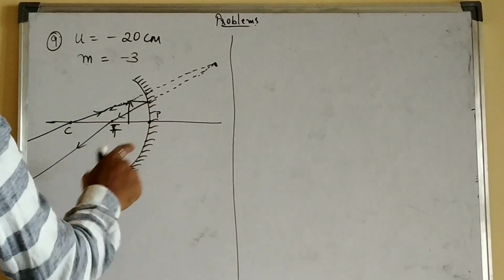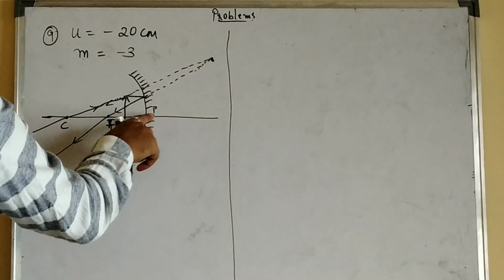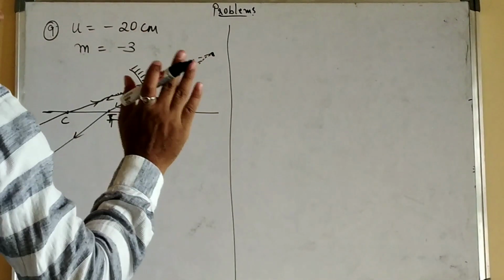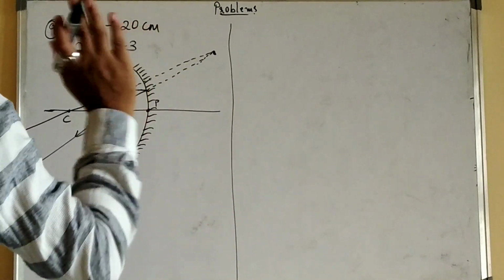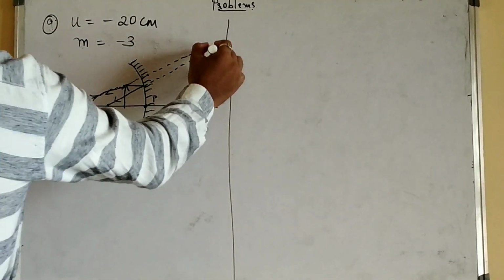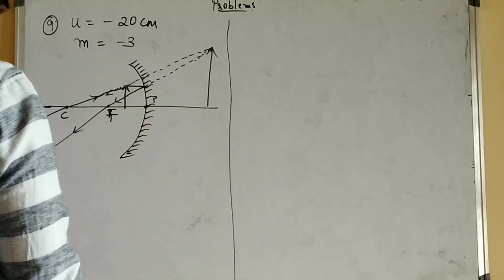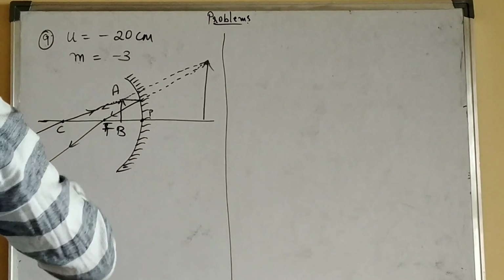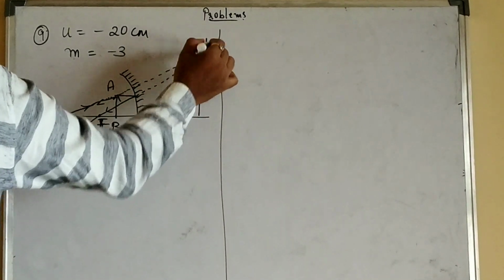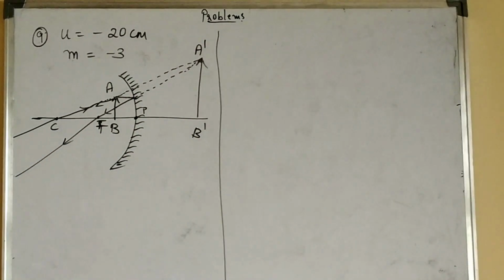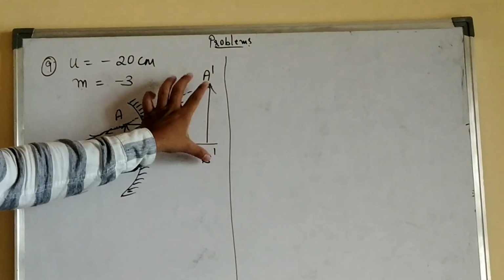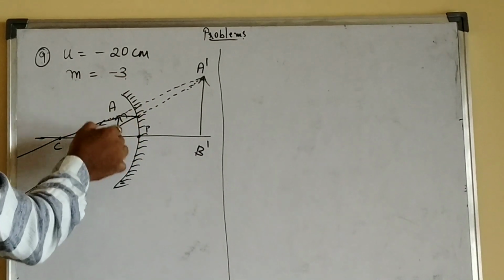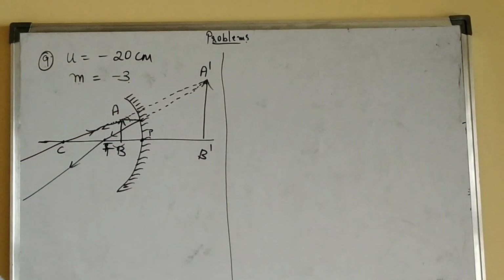Because when the object is placed in between pole and principal focus of a concave mirror, image will not be real. Image will not be inverted. Image will be virtual, far behind the mirror, and erect as well as magnified. You can see here, AB is the object, A dash B dash is the image. Okay, see here, virtual, behind the mirror and magnified. Now, this image is 3 times the object, that is known as the magnification. Right?